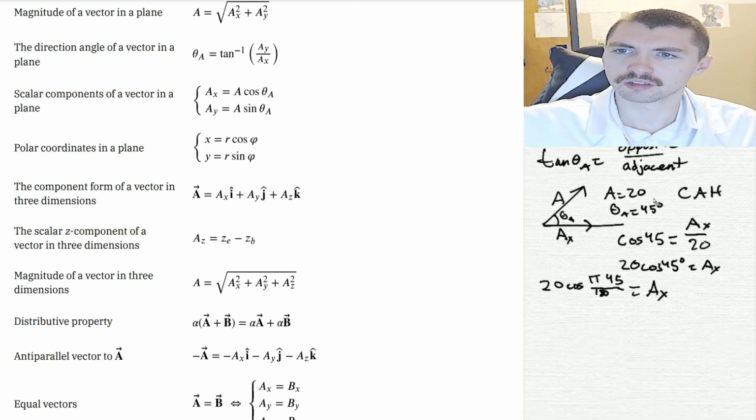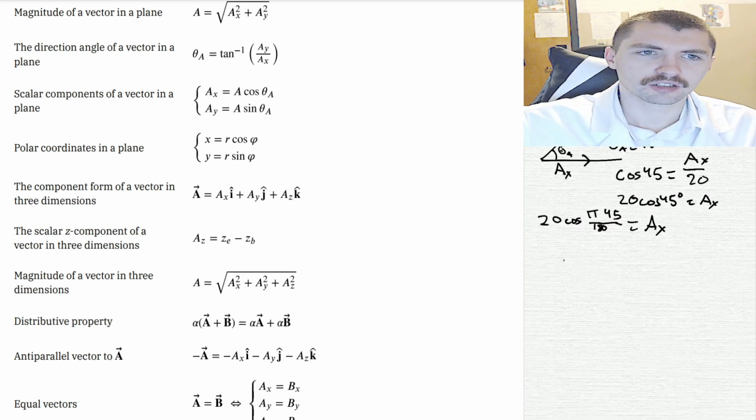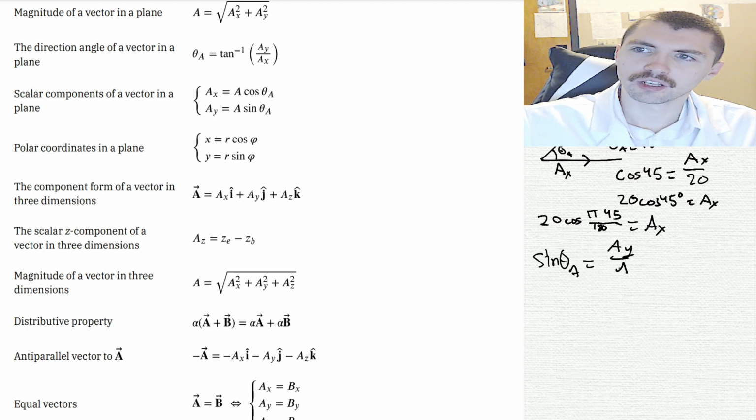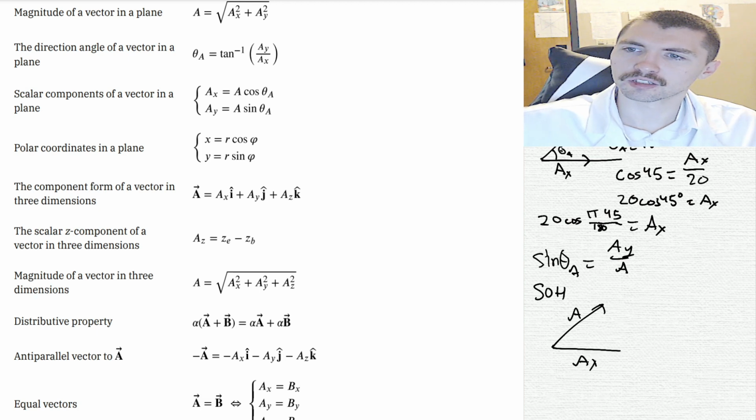And then a similar thing: sine theta is AY over A. We have A, we have an AX, say we have this vector, we know AY, we want to know theta, or we know theta, and we know AY, the component of this vector.